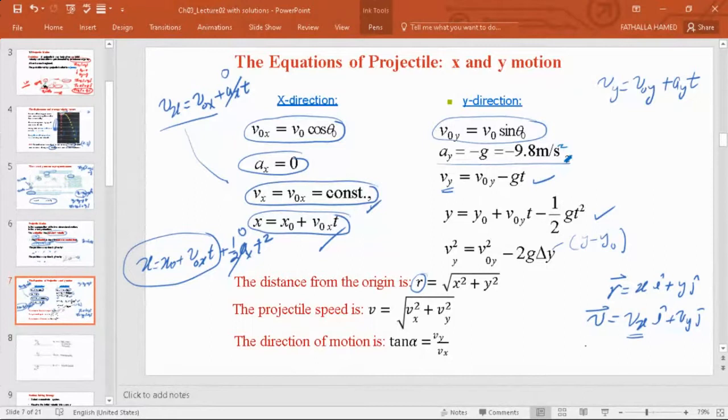And if you want to get your speed, which is the absolute value of your velocity, it will be the square root of vx squared plus vy squared. Now, if you want to get the direction, you do that from the velocity, because that's where the velocity is changing, and you take tan alpha equal to vy over vx. Even though vx is going to stay the same, vy is changing, and that's why we started with theta 0, theta at t equal to 0, but this theta is going to change as we go in time.